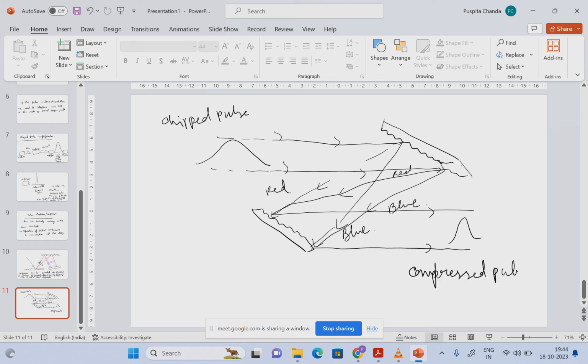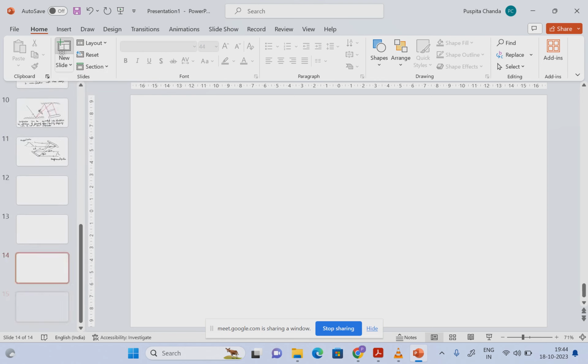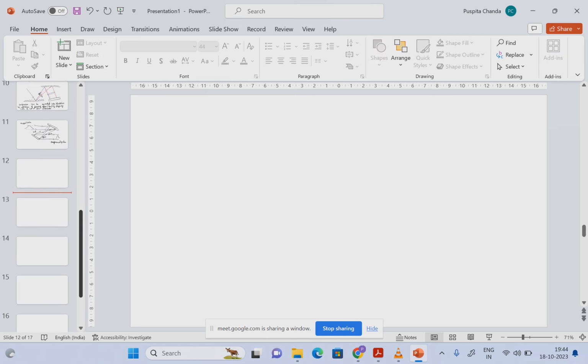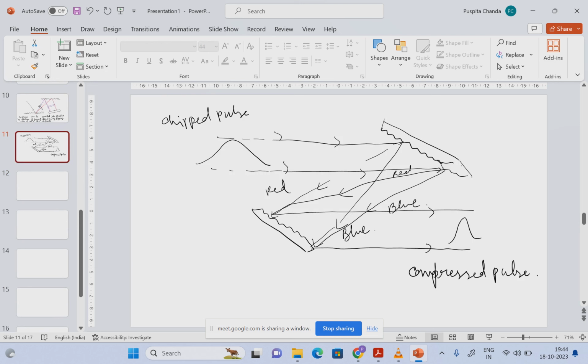To achieve the same effect with prisms, you need at least 4 prisms, or you can also use another pair of gratings here, so the pulse and the compressed pulse come in the same line.